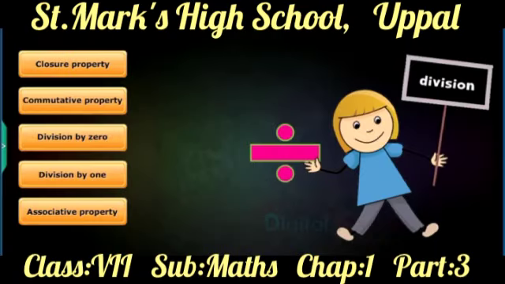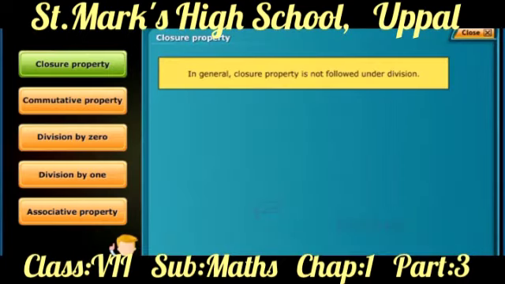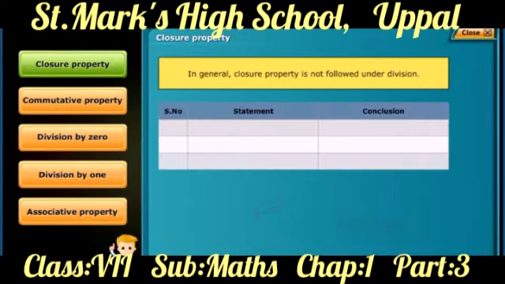Properties of integers under division. Let us see whether the following properties are satisfied by the integers under division. Click each tab to know that closure property is not followed under division. In the first statement, minus 10 by 5 is equal to minus 2.